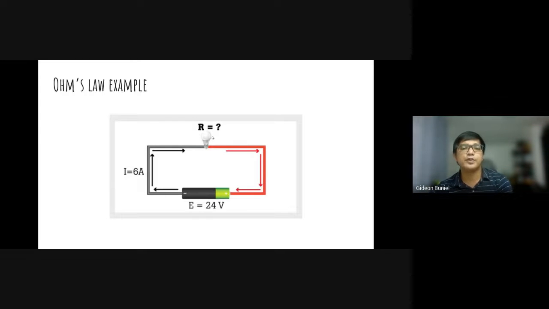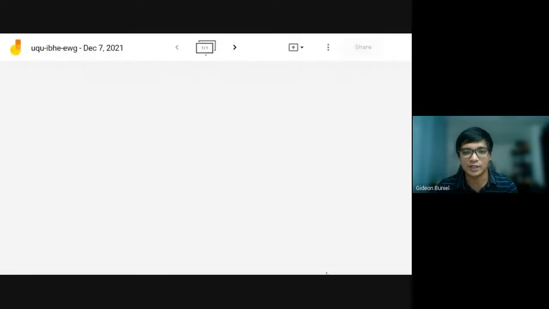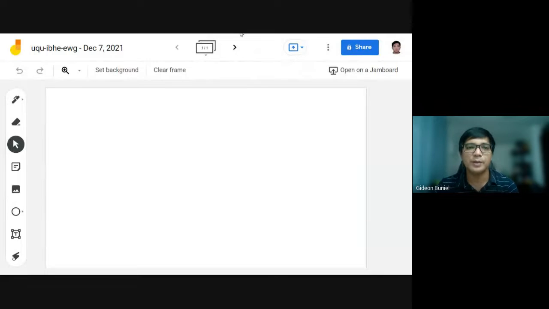Now, let's proceed. I think we need to use the whiteboard for this example, so I can explain it to you well. So let's share this tab first. On the previous example, what's missing was I, right?